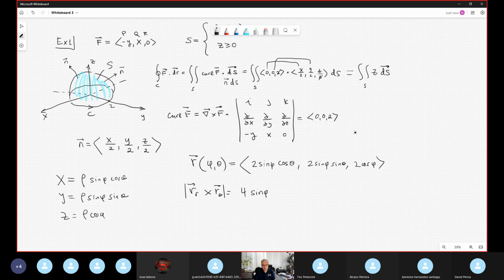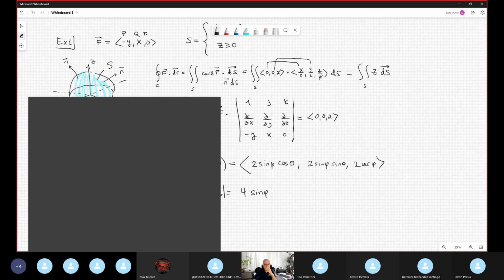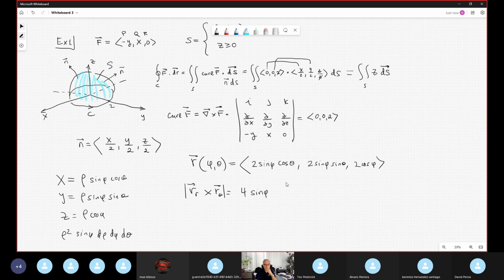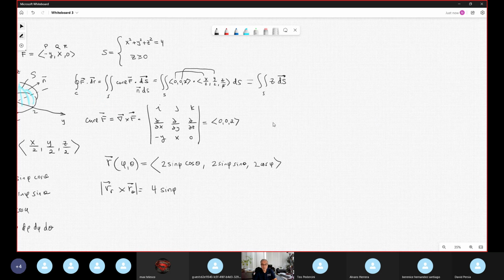And it's expected, because you remember the Jacobian in spherical is rho squared sine phi, d rho, d phi, d theta. But here rho is 2 and 2 squared is 4. Okay, and we have no d rho. So now my integral is reduced like that.